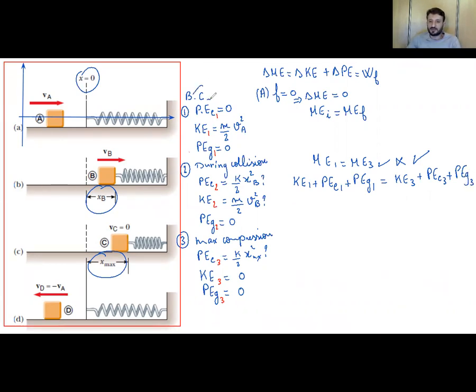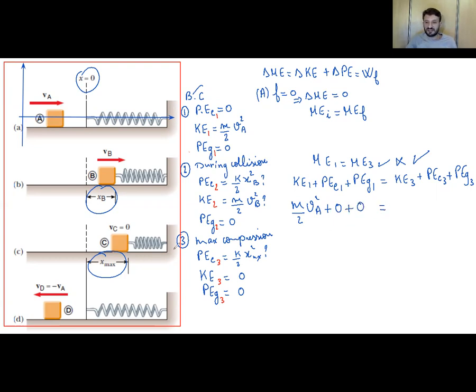Okay, we add these values, and here we add these values. What we have: kinetic equals m over 2 VA squared. We don't have potential here.